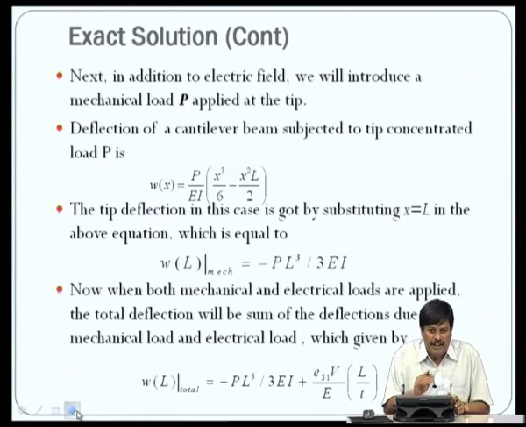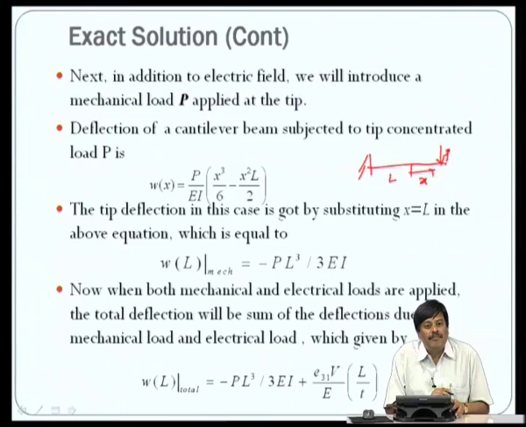Now we take the cantilever beam with a mechanical load, which can be easily solved by any of the deflection methods used in strength of materials, and the exact deflection at any point x is given by x cube by 6 minus x square L by 2, multiplied by P by EI.